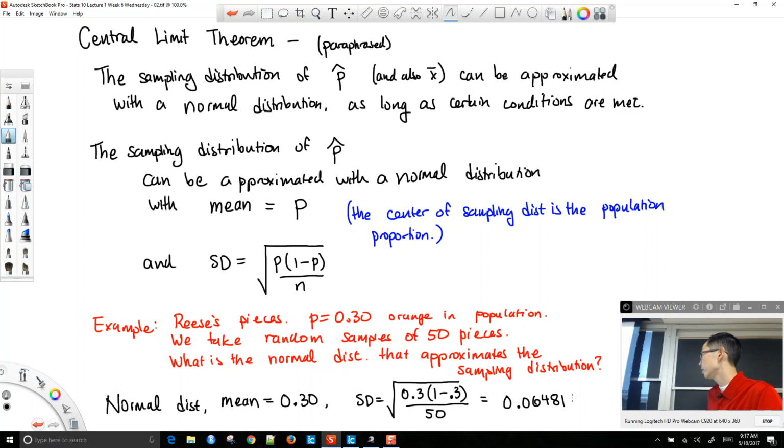That's the normal distribution that will approximate our sampling distribution. And again, it's not exact. It's an approximation. But for our class, it's good enough. All right, and so with this in mind, we can then begin to answer questions about random samples that we draw.